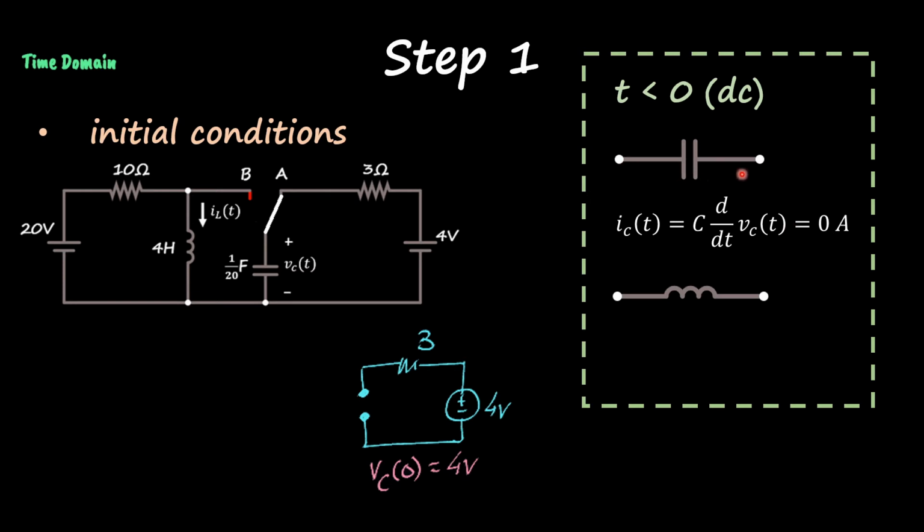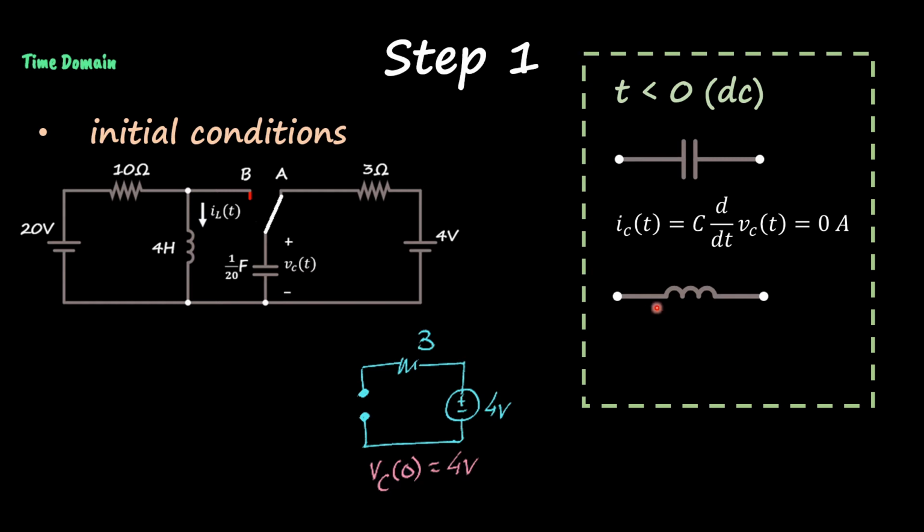Well, if there is no current flowing through this capacitor, I can go to this circuit and substitute that capacitor by an open circuit. And that's what you see over here. Well, if it's an open circuit, the voltage across the terminals of that capacitor is going to be equal to the voltage across this power supply, which is 4 volts, and that's your initial voltage.